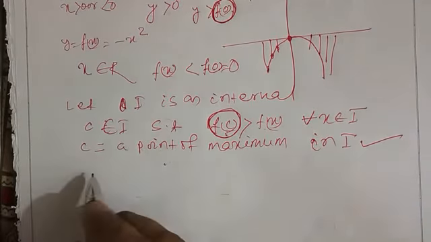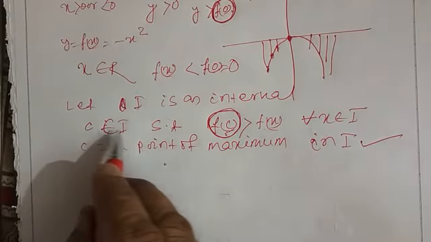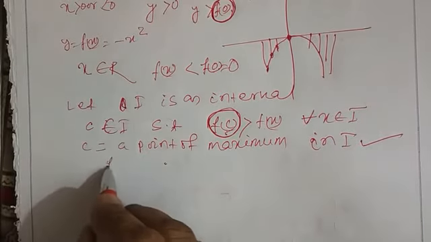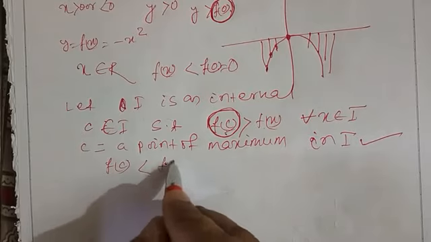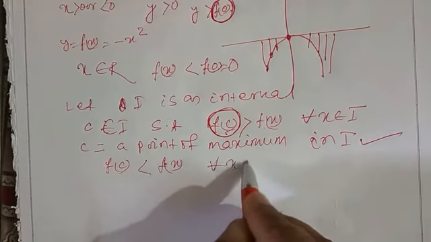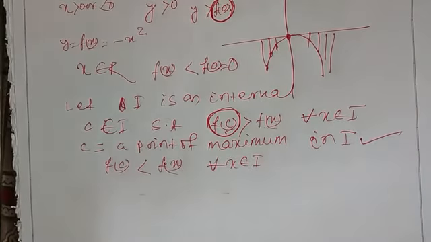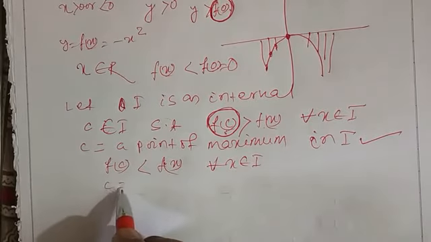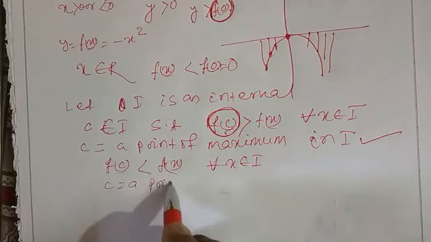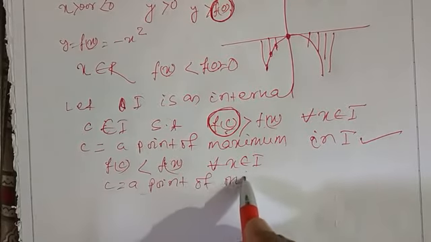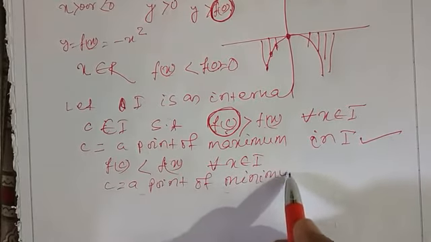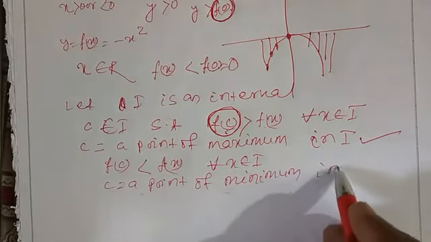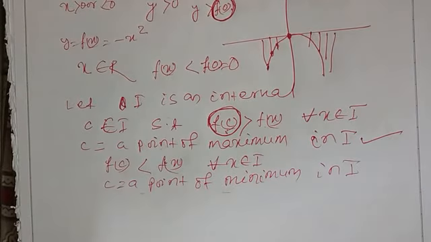And in the same style, if I get that c belongs to I, where f(c) is less than f(x) for all x belonging to I, then what shall I tell? That c is a point of minimum in the interval I. Getting the idea?